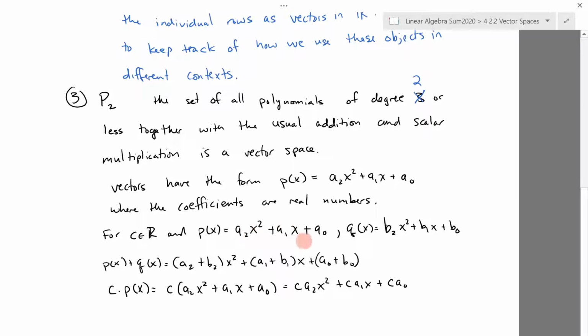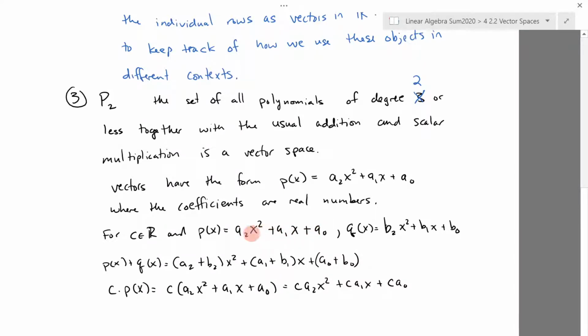And then here q of x is a different second degree polynomial. Essentially the coefficient of x squared is playing the role of the first coordinate, the coefficient of x is playing the role of the second coordinate, and then the constant term is playing the role of the third coordinate.